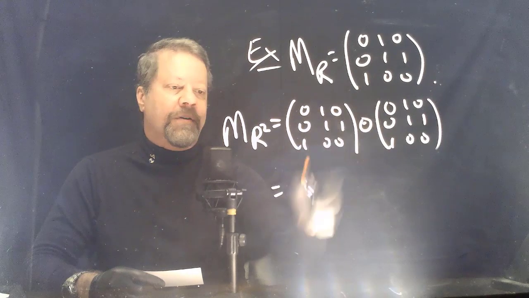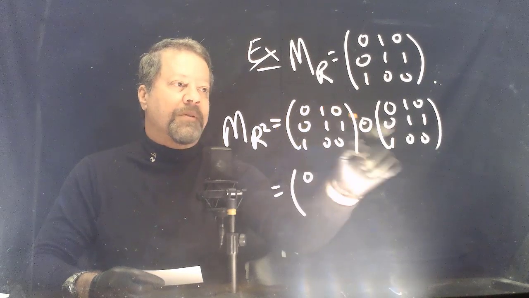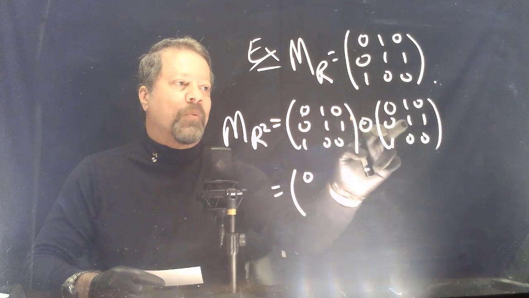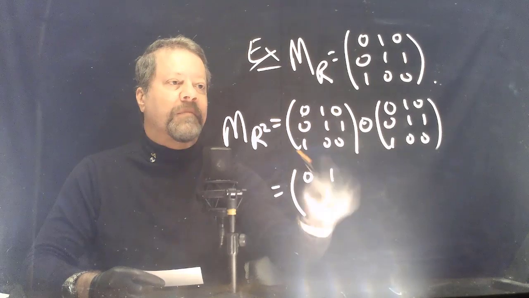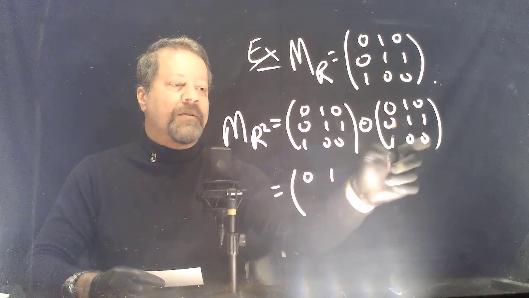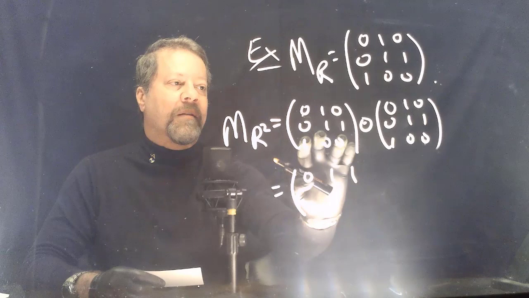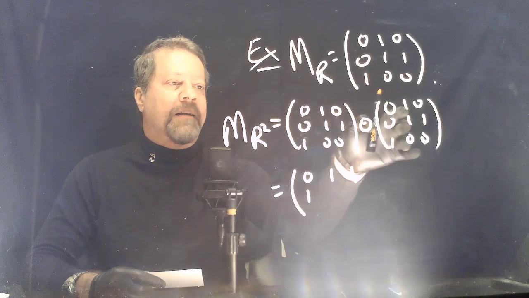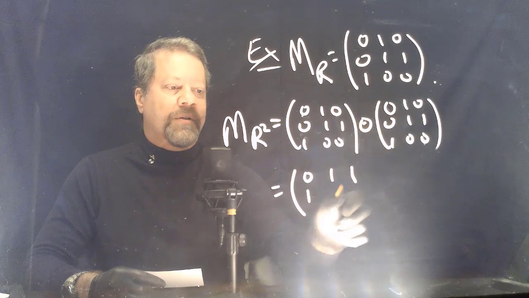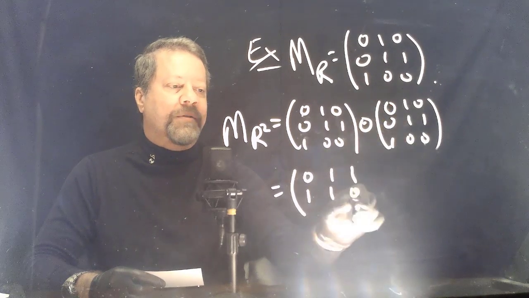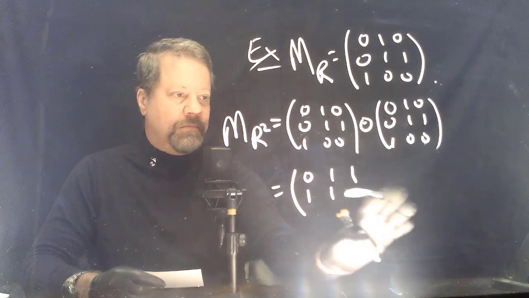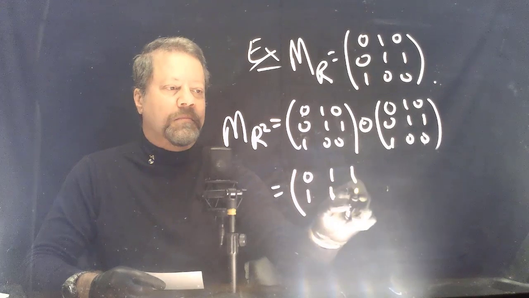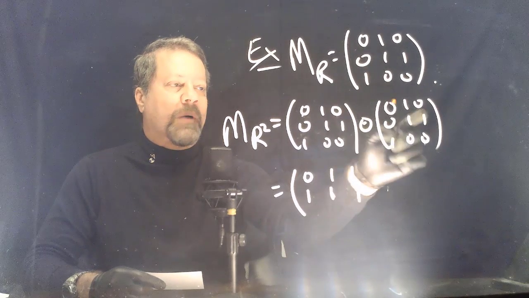Multiplying first, we have 0 plus 0 plus 0, and then 0 plus 1 plus 0. And then 0, 1, 0. Here we'll have 0, 0, 1, and then 0, 1, 0, and 0, 1, 0. And then 0, 1, and then 0.